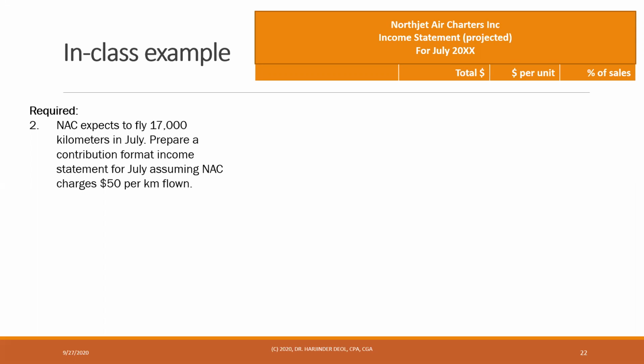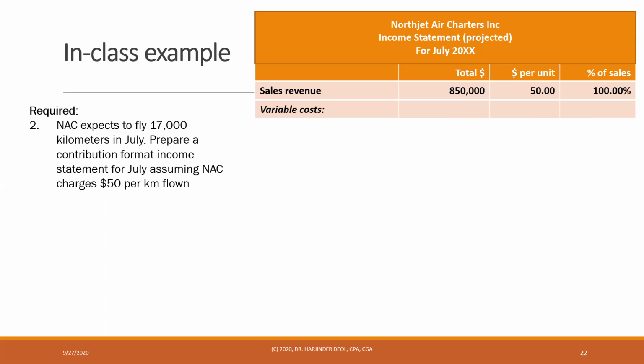So we will first start with the sales. So if we are expecting to fly 17,000 kilometers and the selling price is $50 per kilometer, then per unit cost is $50, percent of sales is 100%, and the total dollar value is $50 multiplied with 17,000 kilometers. Then we will look at our variable cost.